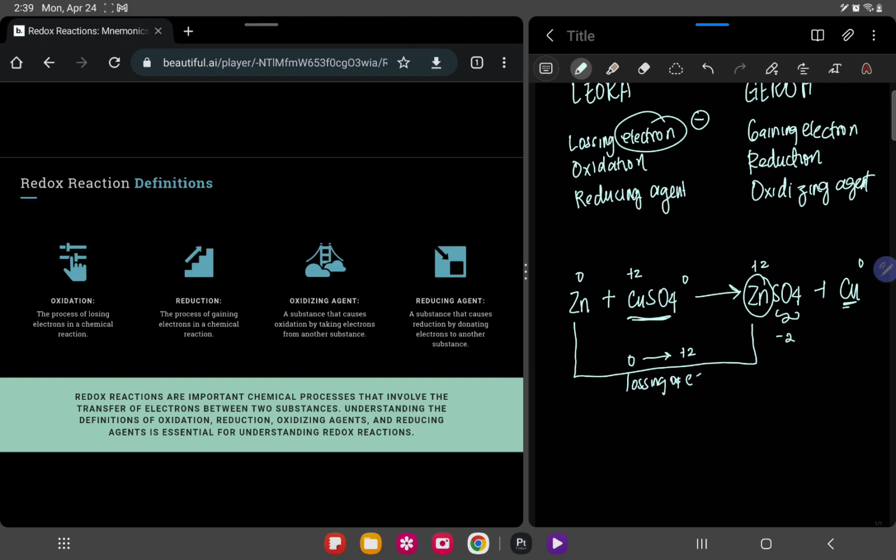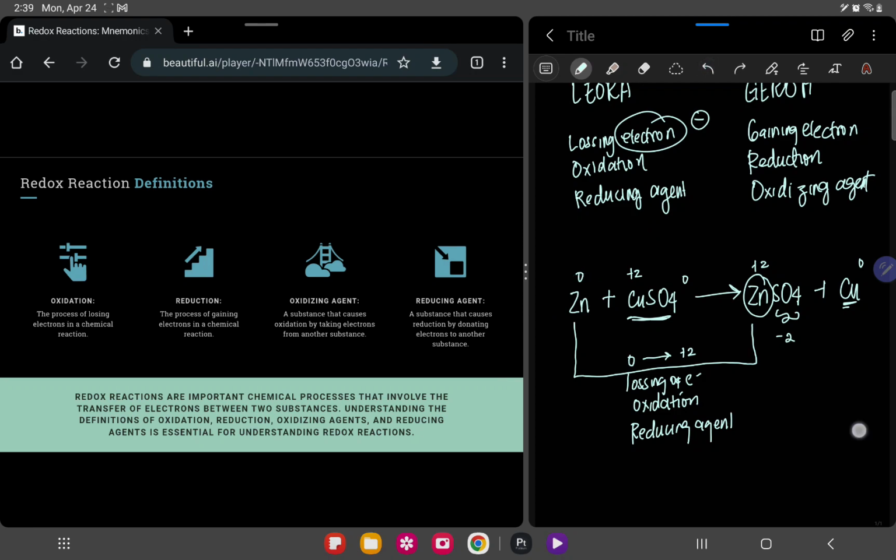So that means this reaction is called oxidation. And your zinc here is your reducing agent. If you're going to ask which is being reduced, the element that is being reduced by your reducing agent is your copper, because your zinc is your reducing agent.